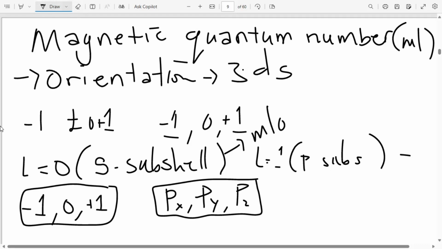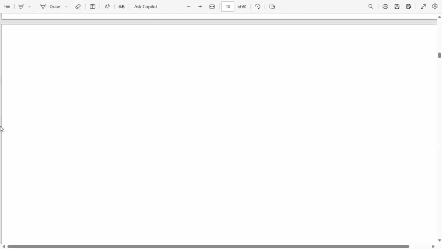Now let's move on to the last one, which is the spin quantum number.